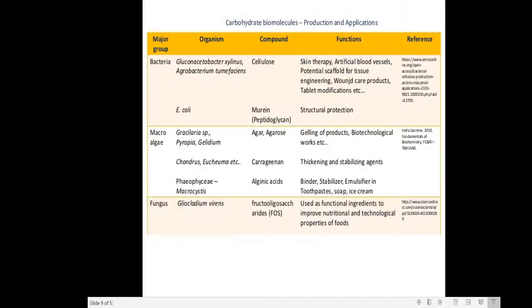In that, these are all the carbohydrate biomolecules, their production and application.